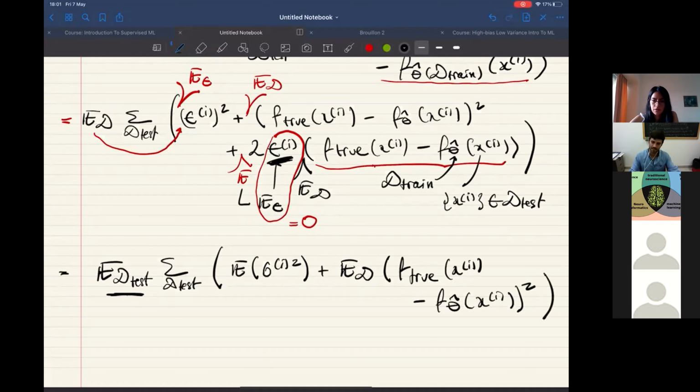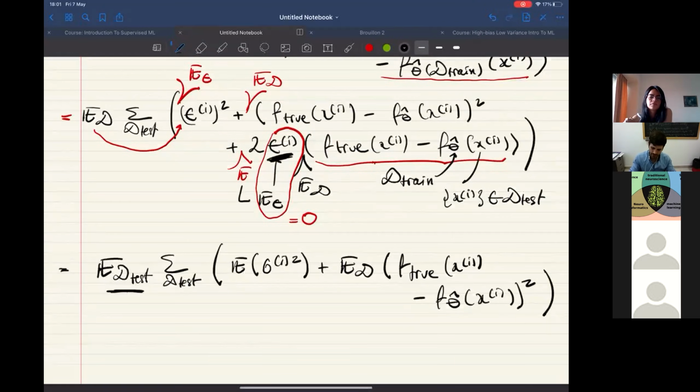Okay, so one big chunk has disappeared due to the fact that the noise in the test data is completely uncorrelated with all the training data. All right, what is this quantity? It is the expectation of the noise squared. Okay, this is the variance.